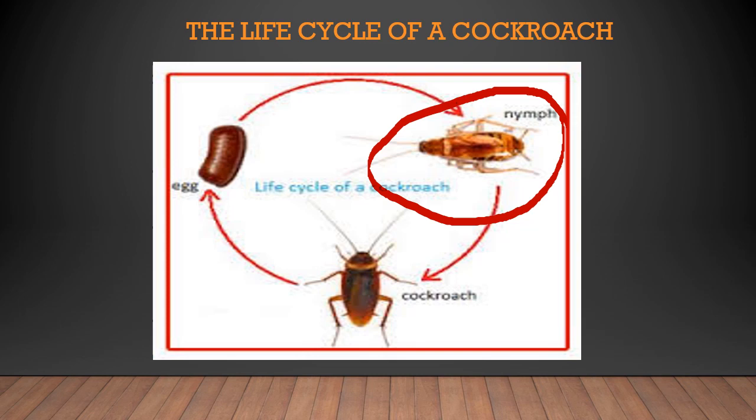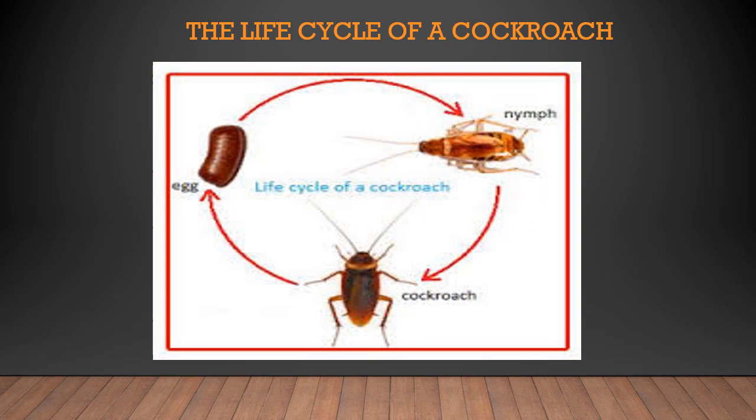A nymph looks similar to an adult cockroach, but it does not have wings, while the adult cockroach will have wings. Nymph, N-Y-M-P-H, is singular. N-Y-M-P-H-S, nymphs, is plural.